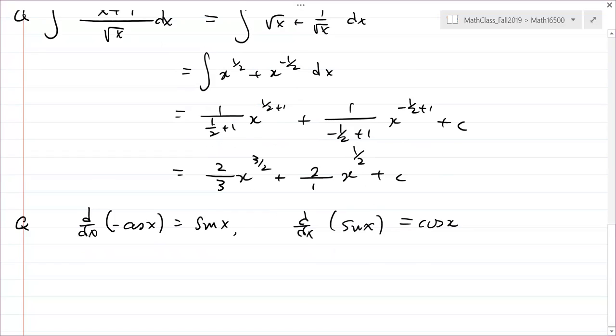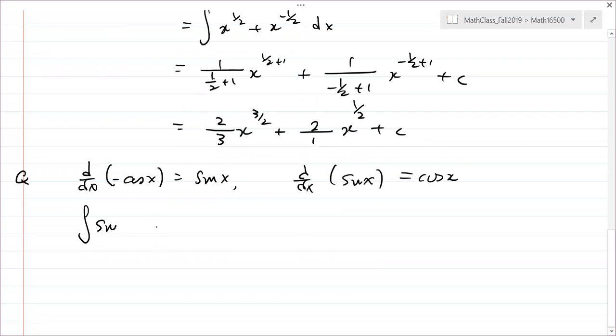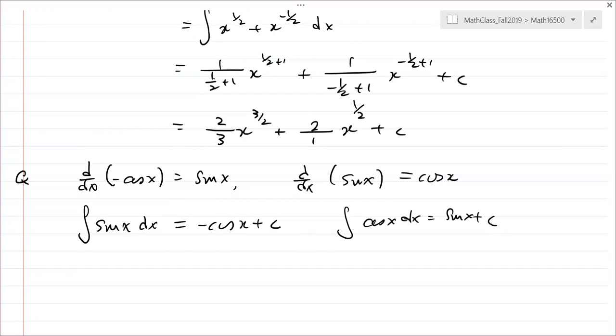So the integral of sine x will be negative cosine x plus a constant, and the integral of cosine x is going to be sine x plus a constant. So those are the two basic formulas.